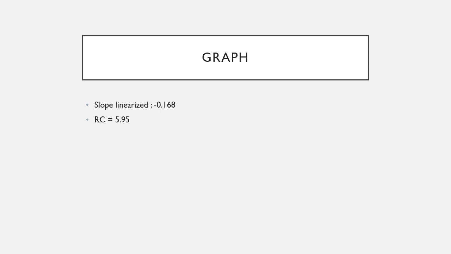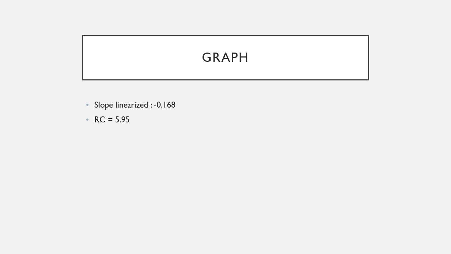And then you can compare that to the actual value for RC, which would be R, which is your 30 ohms, times the C, which is 0.2, and that would give you an RC value of 6.